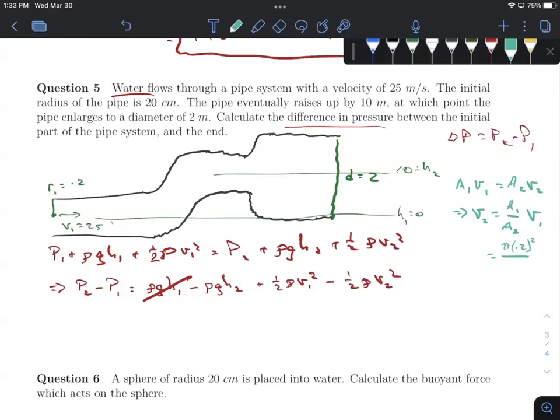So I need the radius to calculate the area. Well, the radius is just half the diameter. So diameter is 2 meters. Divide that by 2, it's 1 meter. So it's pi times 1 squared. Times the first velocity, which is 25. So there we go. 0.2 squared divided by 1 squared times 25 tells me that the velocity in the second part of the pipe is 1 meter per second.